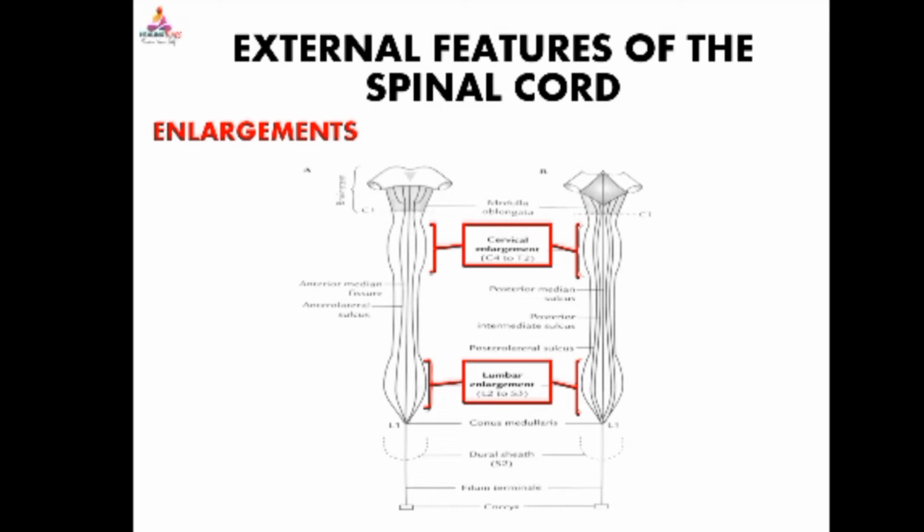The cervical enlargement extends from C5 to T1 spinal segments, whereas the lumbar enlargement extends from L2 to S3 segments. The vertebral levels of these enlargements are quite different from those of the spinal segments. That is, the cervical enlargement lies opposite C3 to T1 vertebrae and the lumbar enlargement lies opposite T9 to L1 vertebrae.